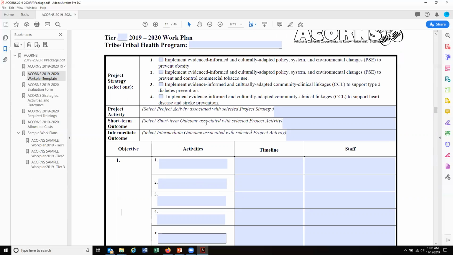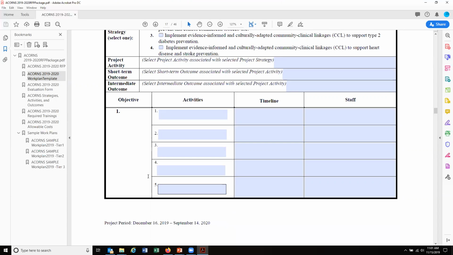You really want to focus on diabetes prevention, and everything that you do is going to be focused on that strategy. And maybe you implement a couple different activities in order to do that. But this bottom section is going to be your this-year activities. This is your scope of work that you're planning out. So that's your objective. The activities are the step-by-step actions you'll be taking to complete your objective. The timeline is when you're planning on having that done.